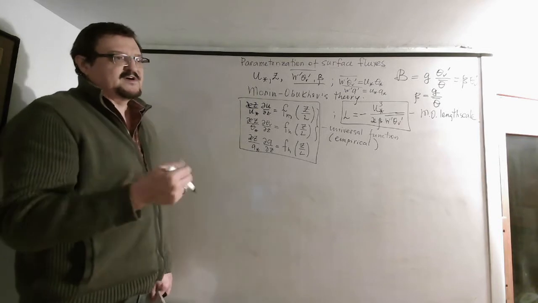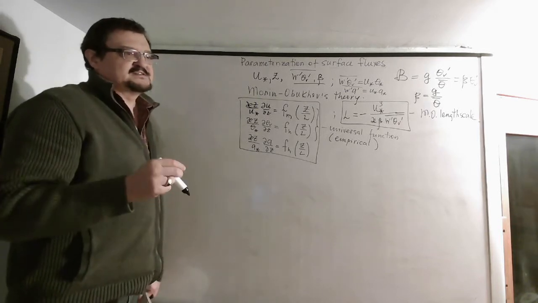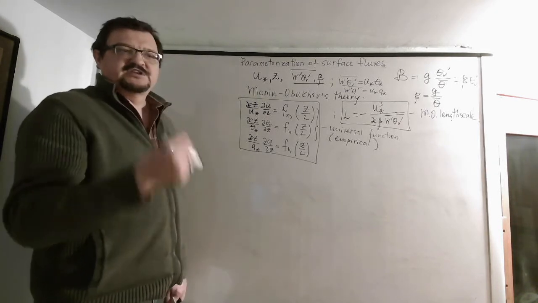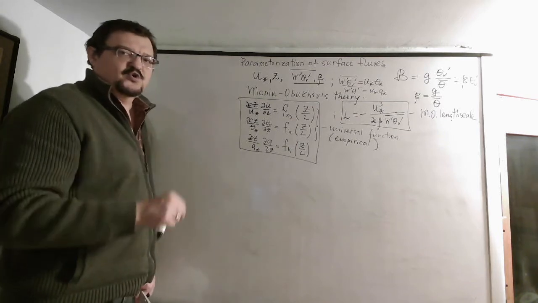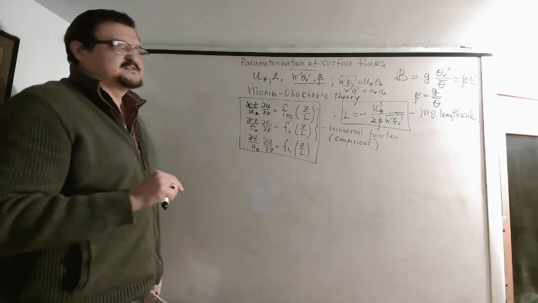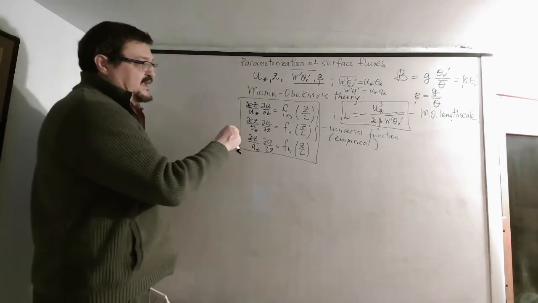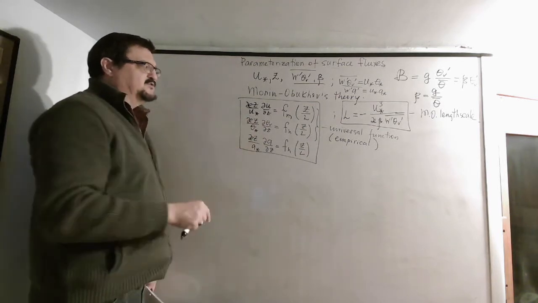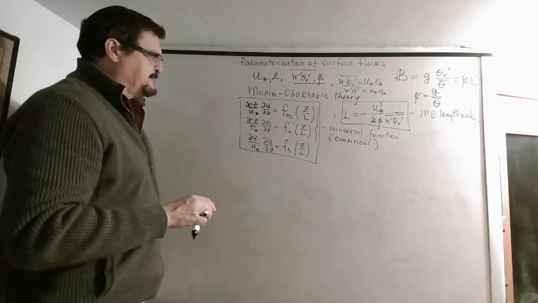How you obtain the surface value is another model, because it should involve radiation, fluxes into the soil and other things. You need to use some energy balance at the surface to obtain those, but we assume that we know those.